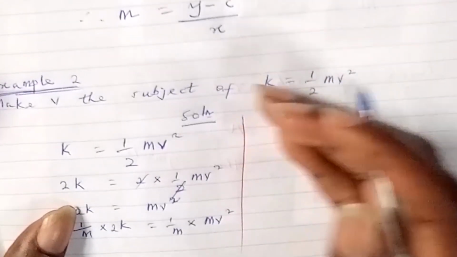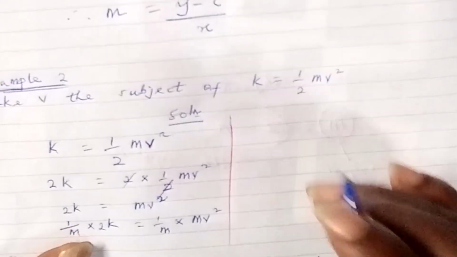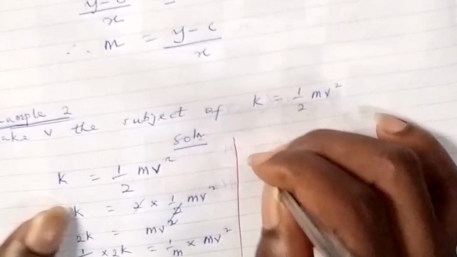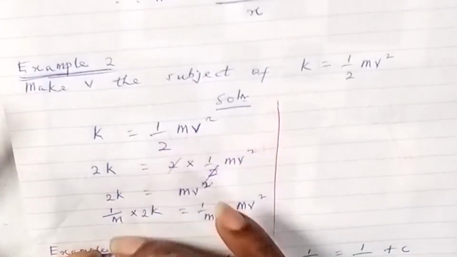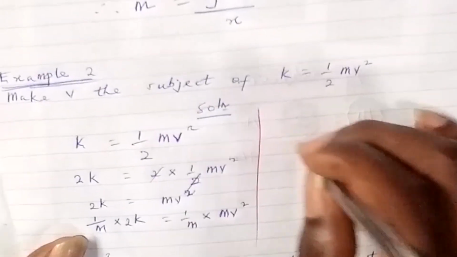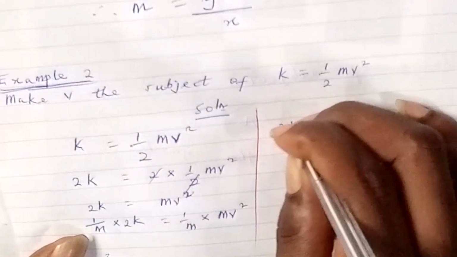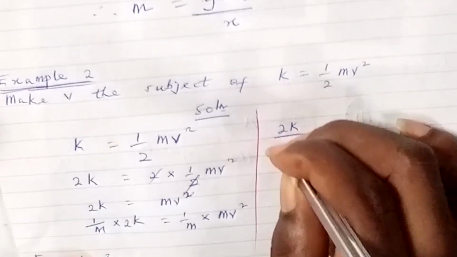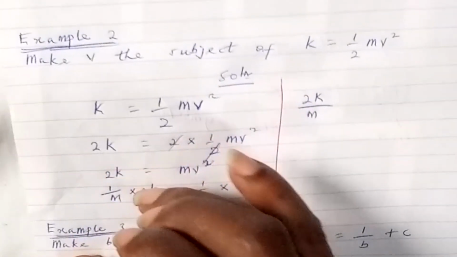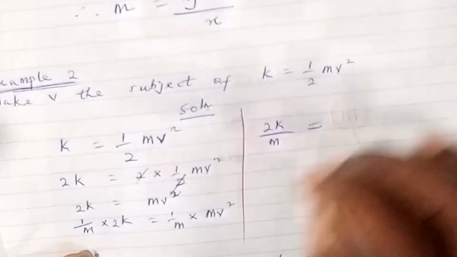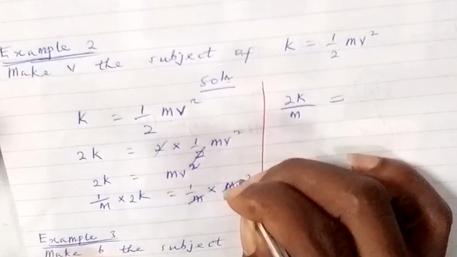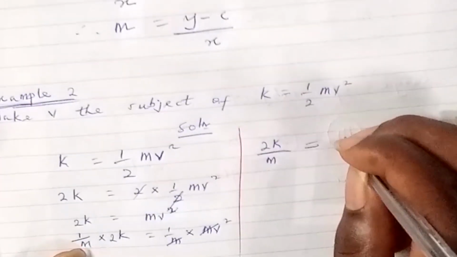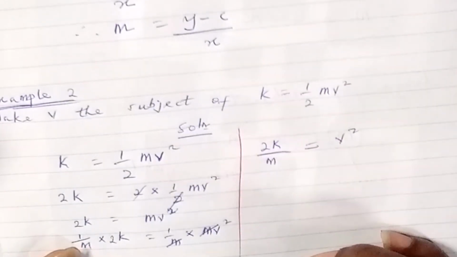Now we are continuing at this side of the sheet. So at this juncture, 1 over m times 2k will be 2k over m, because numerator will multiply numerator, denominator will multiply denominator. And this is equal to, this m will cancel this m, leaving only v square.